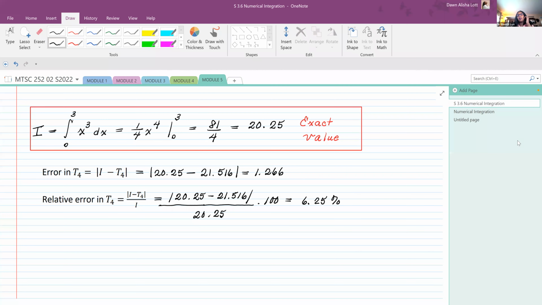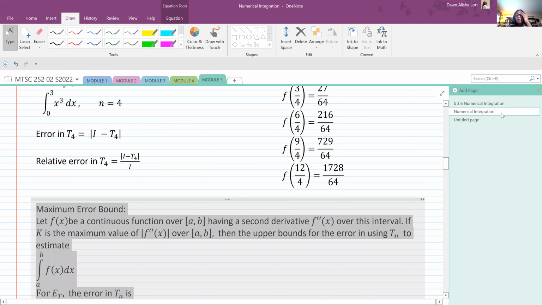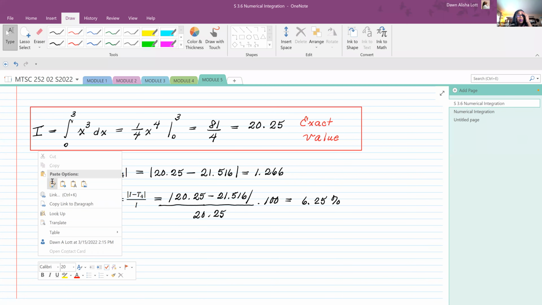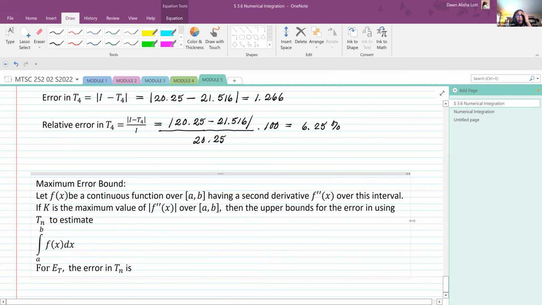Okay, so let's look at error bounds again. This error bound is very similar. So if I look at the error bound in the trapezoidal rule, as you can see, for the maximum error bound, f of x has to be continuous.